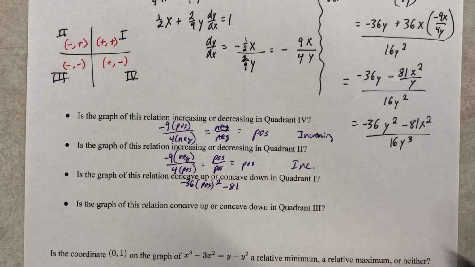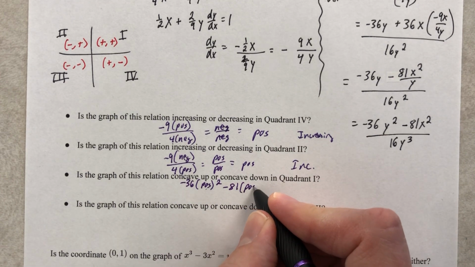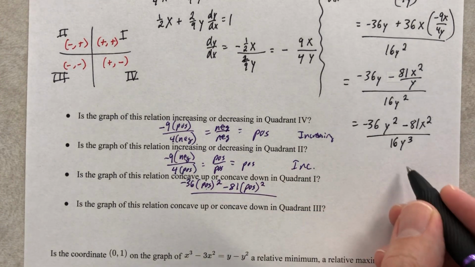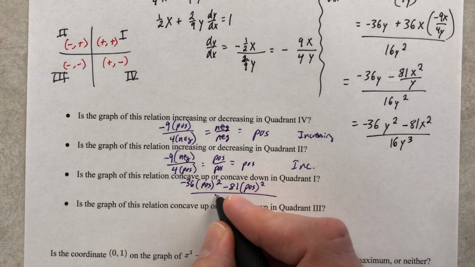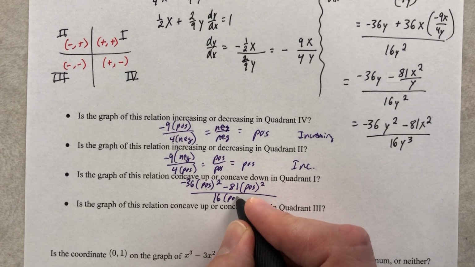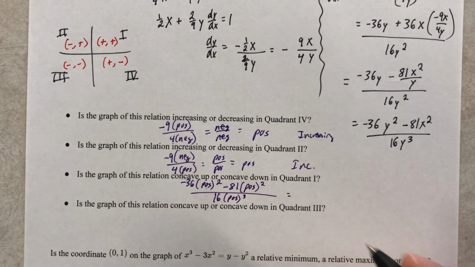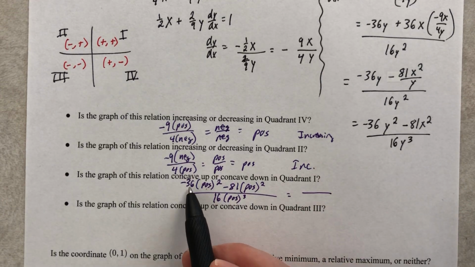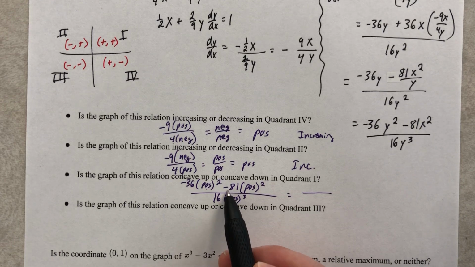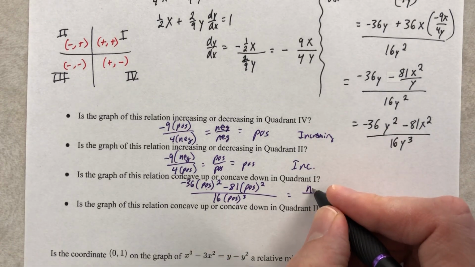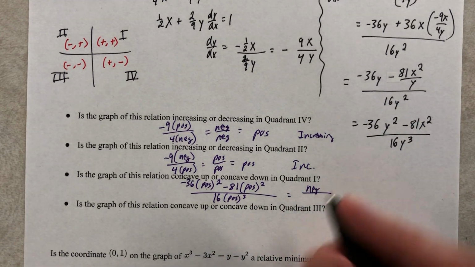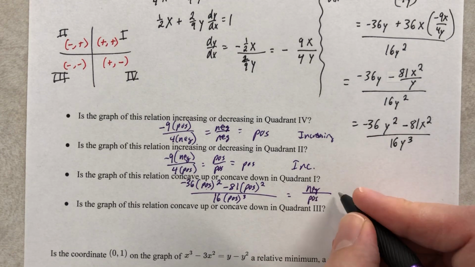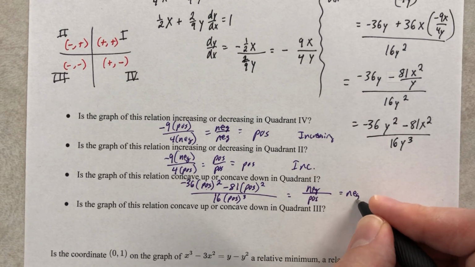Minus 81, and again, this can be in your head, times a positive squared, all divided by 16 times a positive, and it is cubed. Well, the numerator is negative, because that's positive times negative. So negative minus another number. So we're going to have like super negative here, and then we're going to have a positive here. So we're going to get a negative.